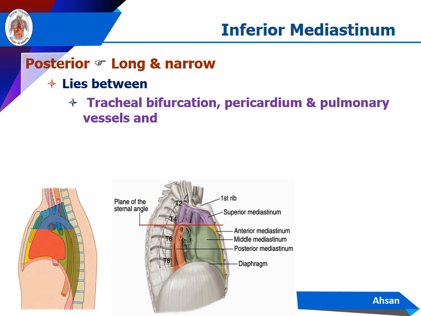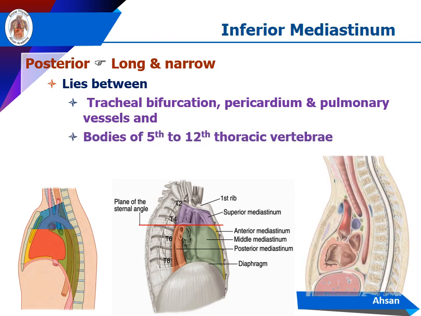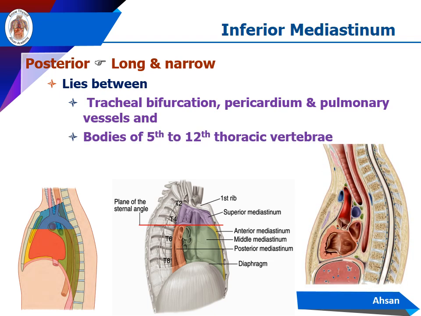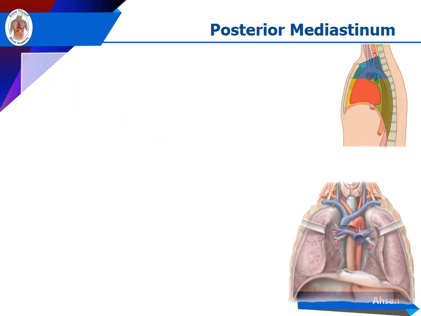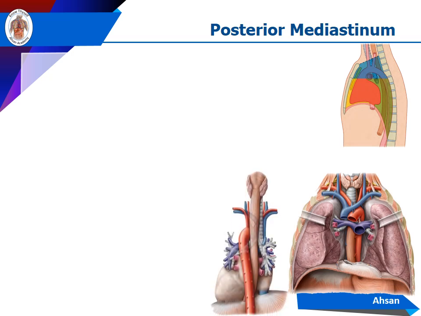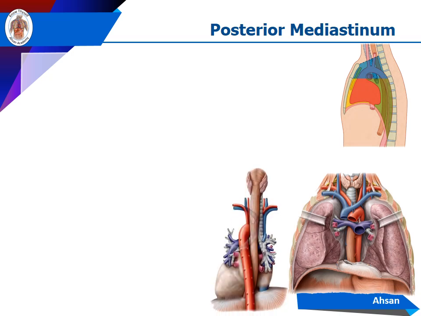That part of the heart is covered by the pericardium, so it lies behind the pericardium, very close to and in contact with the heart. The bodies of the 5th to 12th thoracic vertebrae form the posterior boundary. The posterior mediastinum is important because of its contents and its relation with the heart.